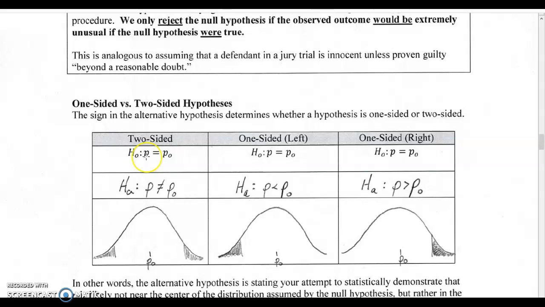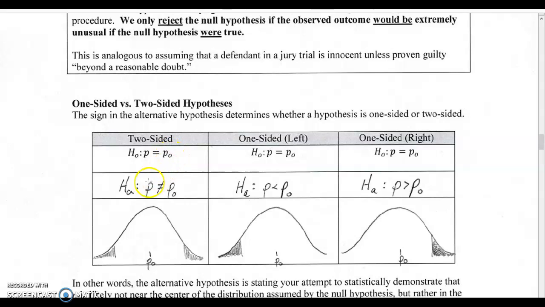For example, if I think about the coin flipping thought experiment we just did, the proper notation is to write H naught with a colon and then p equals p naught. If I'm flipping a coin and I think it's a fair coin, then the null hypothesis would be p equals 0.5. In other words, 50% of the time it will come up heads or tails, whichever one we're testing.